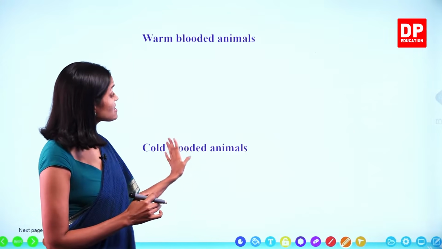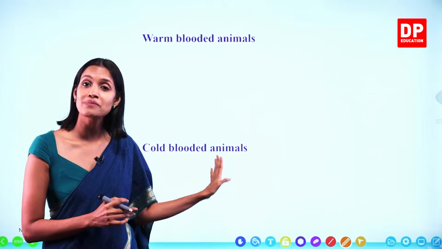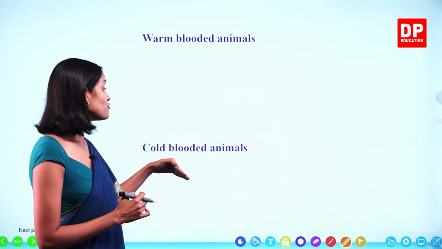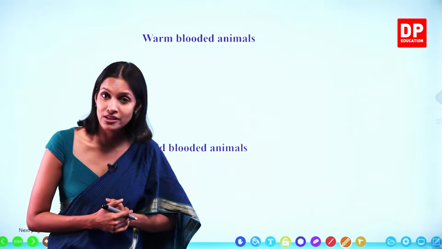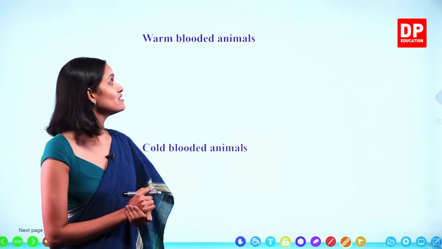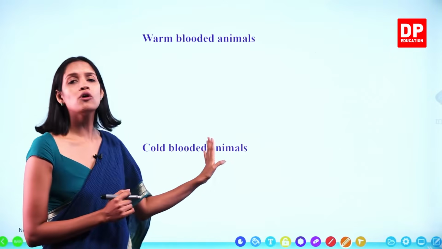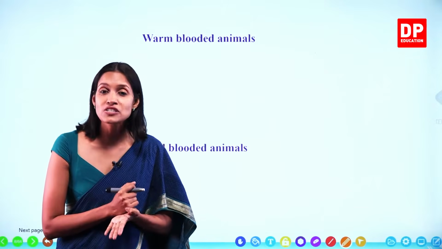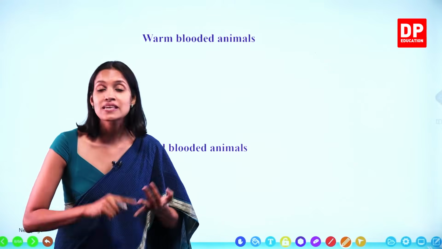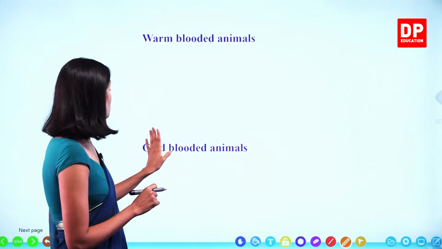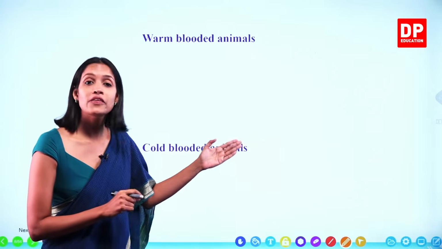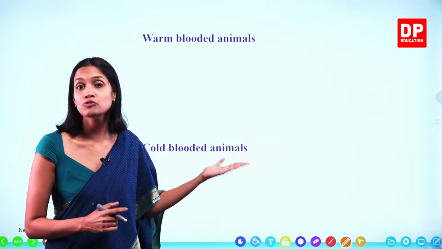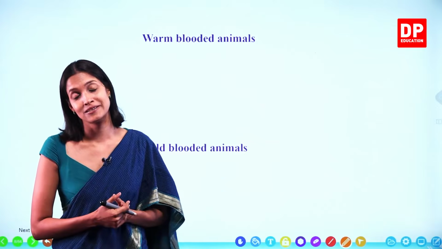Therefore, when there are extreme levels of environmental change, they have to find another place to live. Understand, children? So, who are the cold-blooded animals? Normally, different types of fish, amphibians and reptiles come under cold-blooded animals. They don't have a special mechanism to control their body temperature.